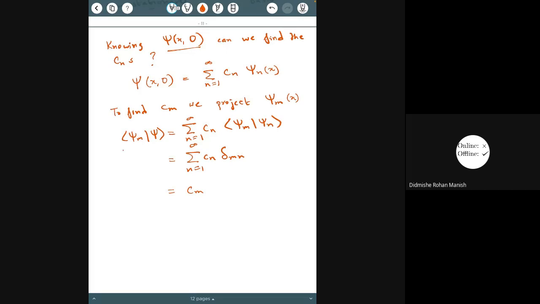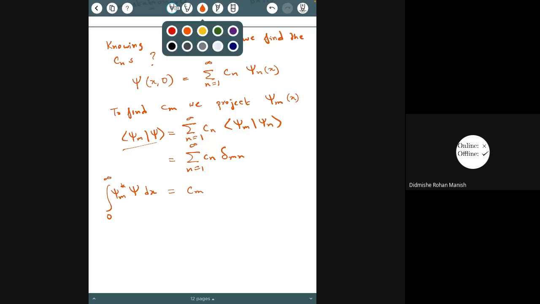So the left hand side I can open out as an integration. Sorry, the integral of psi_m star psi(x, 0) dx. So I find out the overlap of my starting non-stationary state with each of the basis functions as they are called. So let me just write this.